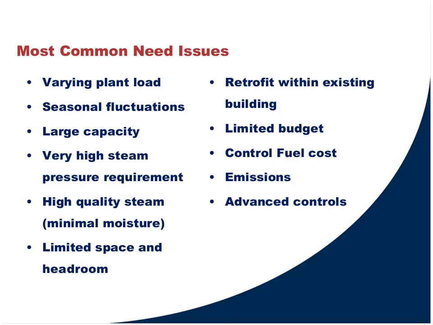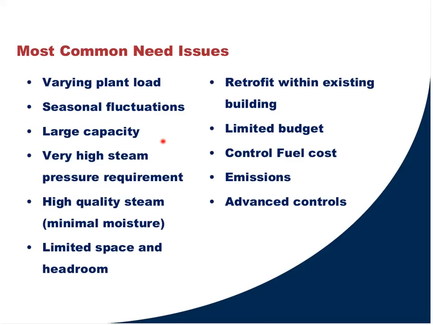It modulates. I might have seasonal fluctuations. Well, what does that mean? Well, it means in the wintertime, I've got a process application, but I've got a split load here. I use my steam for process, but I also use it for heating my building because I'm taking that steam and going through a secondary heat exchanger and heating the building that way. So I've got seasonal fluctuations when I go from winter to summer, or the shoulder months of spring and fall.